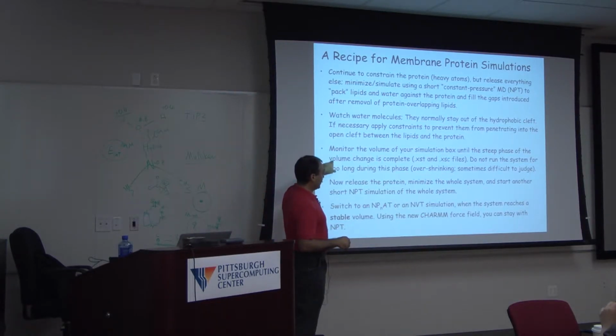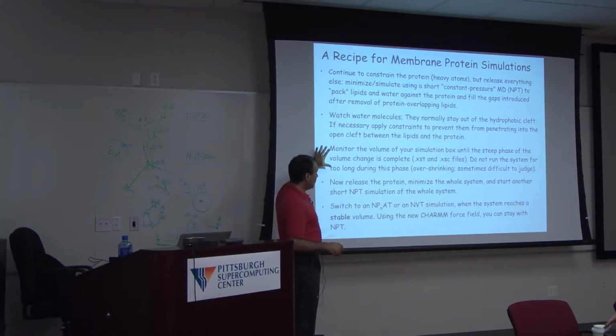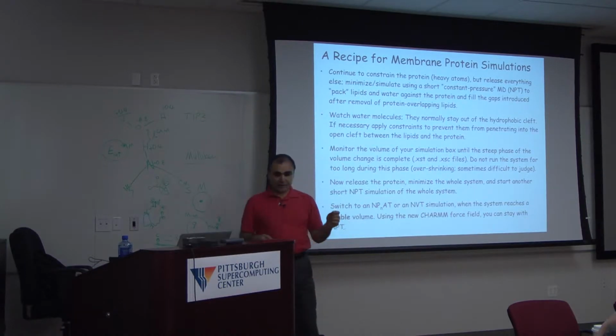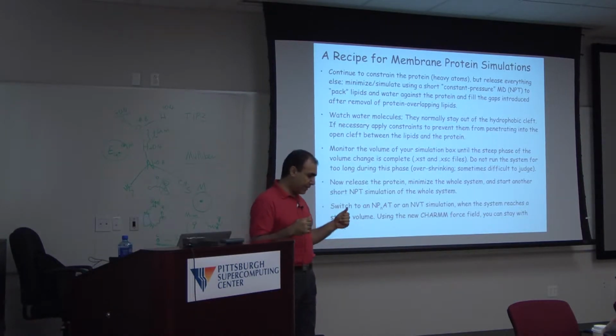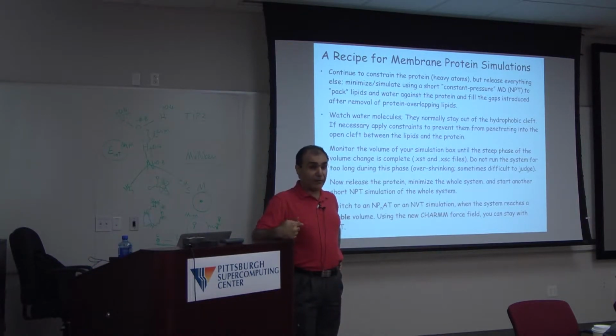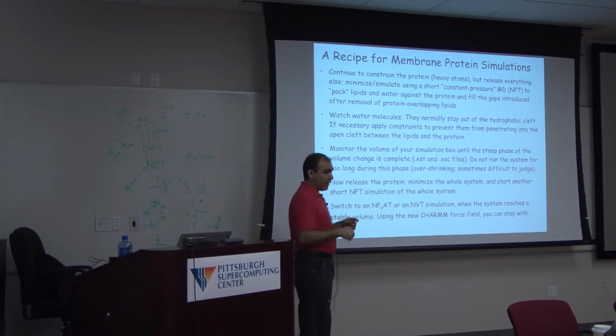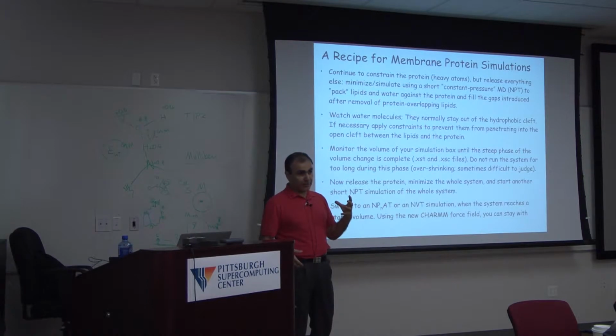So you're monitoring the volume, specifically X and Y, which is the size of the membrane patch. You have to have a system that has, what's the command? A flexible cell. You have to turn on flexible cell in this case, because flexible cell allows XYZ dimensions to change independently.